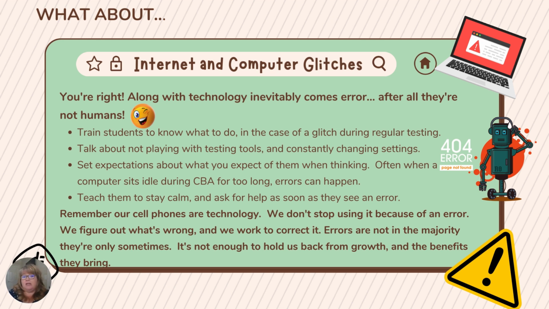So errors are not in the majority. Just like you don't get an error on your cell phone every day, we don't get errors in computer-based assessment every single day or all the time or with every child. But it does happen. And when you have thousands of children taking, say, the progress monitoring FAST assessment, that's inevitable. Somebody's going to have a glitch, but it's not everybody.